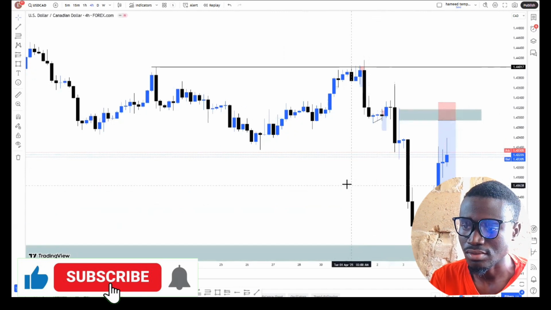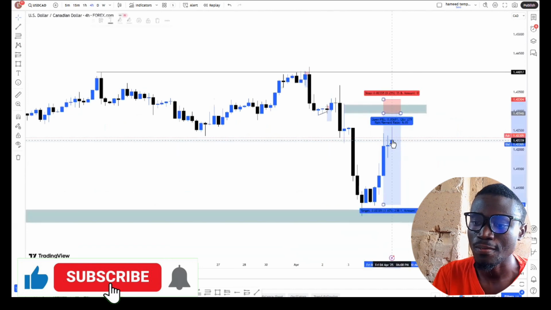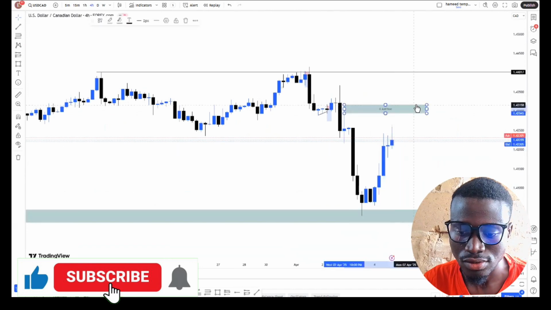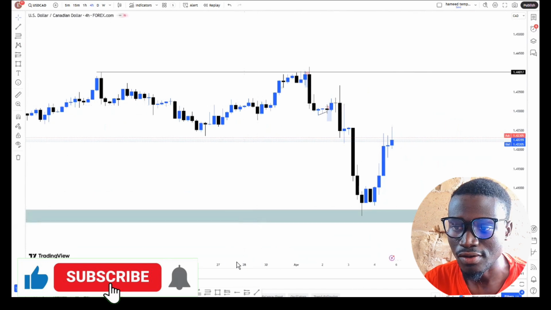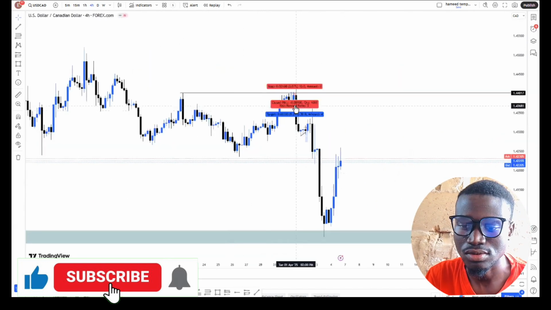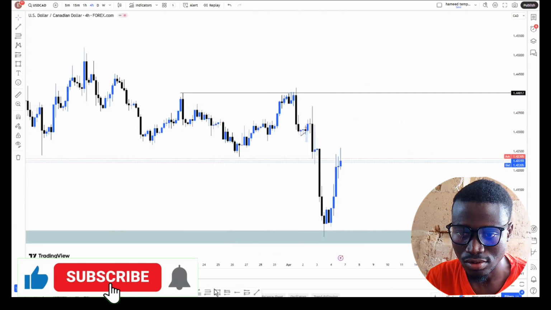So on 4 hour, this origin has been tapped into, this level, this zone, and it's filled.